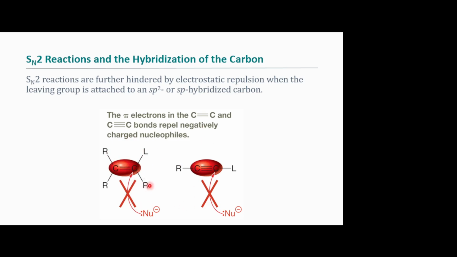Now what that means is that a nucleophile coming in here and attacking this carbon is very, very difficult to achieve, right? We have a shell of electrons. The nucleophile has a negative charge. It has to come in and attack with, right? And so they're going to repel each other. Okay. And so again, your SN2 reactions on anything but an sp3 hybridization is very unlikely to occur if you have any sort of pi bond.